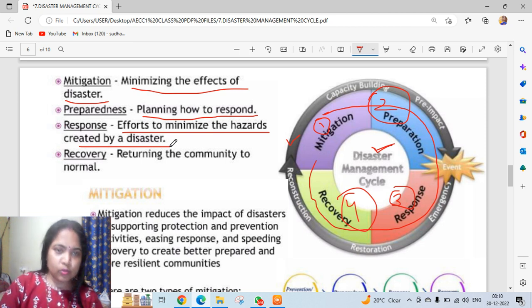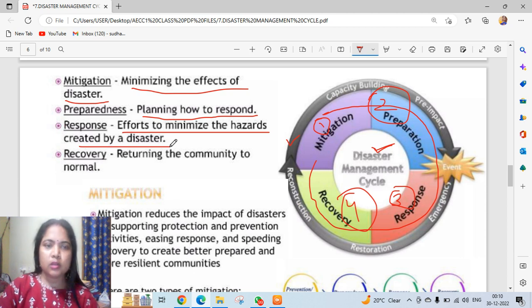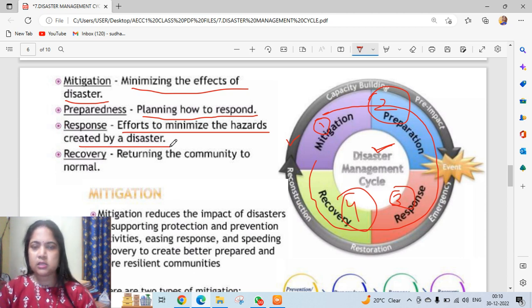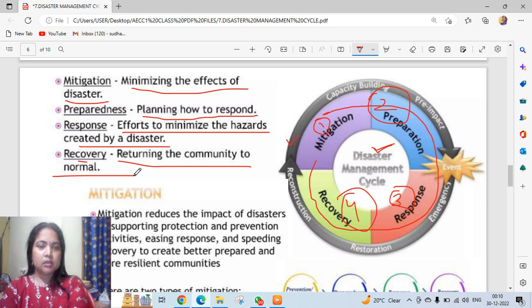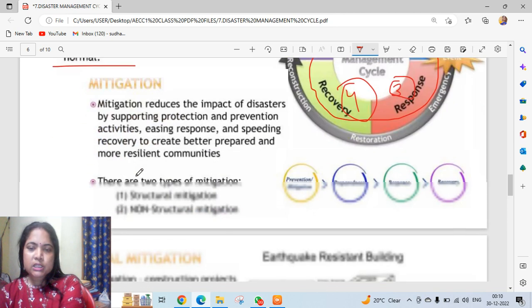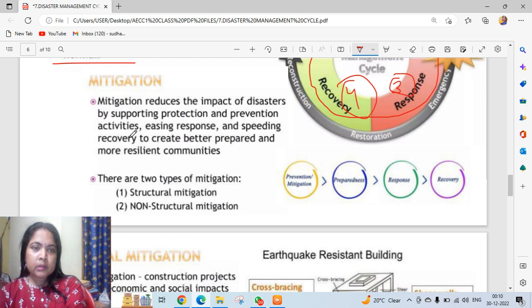Then how you will respond, or how you will put your effort to minimize the hazards. Then recovery. Recovery means returning the community to normal. So now let us discuss what is your mitigation.